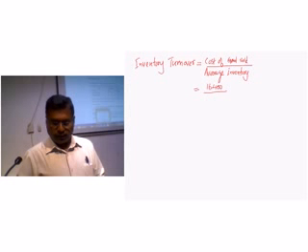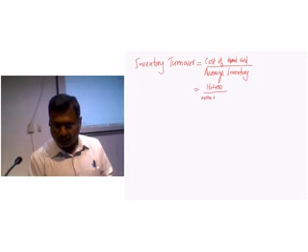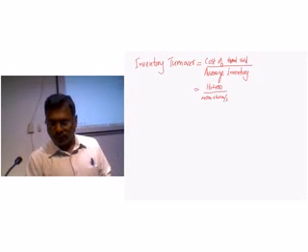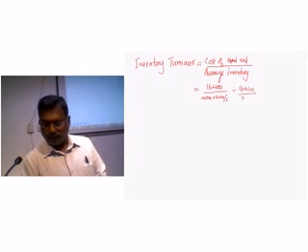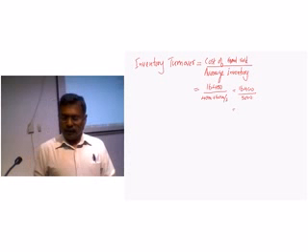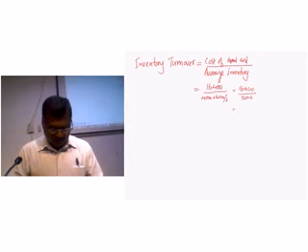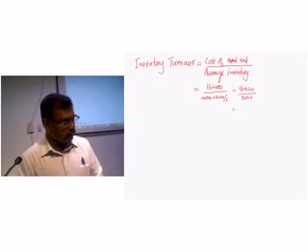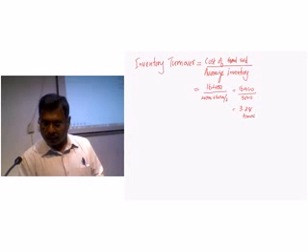Average inventory is 4,000 plus 6,000 divided by 2, which is 5,000. So it's 16,400 divided by 5,000. The answer is 3.28 times.